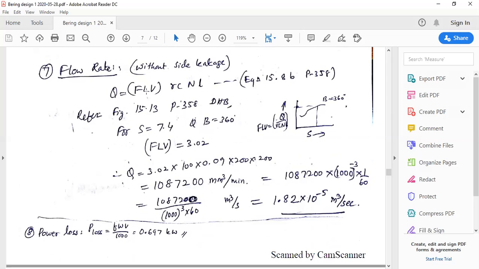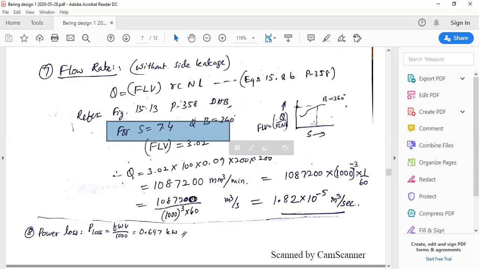Next, the flow rate that we have to calculate, without side leakage itself. So equation number 15.8b, page number 358 of the data handbook. That equation is given by FLV into R into C into N into L, where FLV is the flow variable. That flow variable we note down from the chart, figure number 15.13, page number 358 of the data handbook, with respect to S and beta equal to 360 degrees.